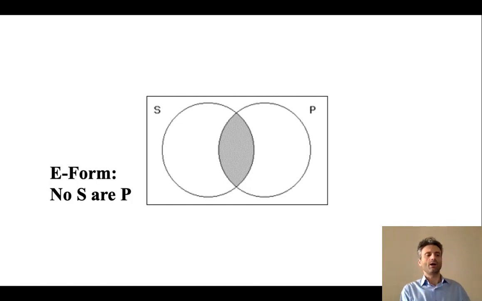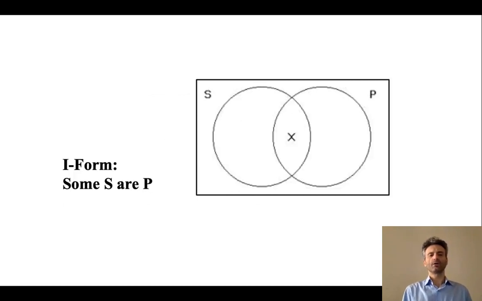One class contains all the blonde people. The other contains all the things that are beautiful, but there are no members in common. So according to an E form statement, blonde people are not beautiful, not even one, and beautiful things are not blonde people, not even one.